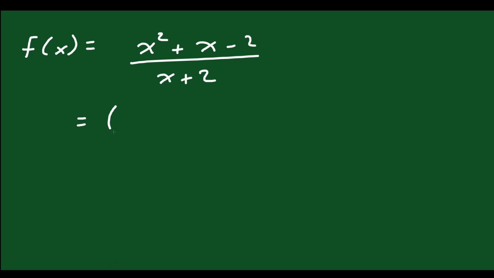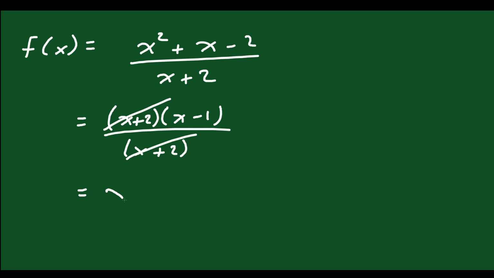If you factor the top, you get x plus 2 times x minus 1 divided by x plus 2. Well, the x plus 2's cancel, and you're left with x minus 1, meaning that there's a hole at x equals -2. You set that bracket to 0 and solve for x.